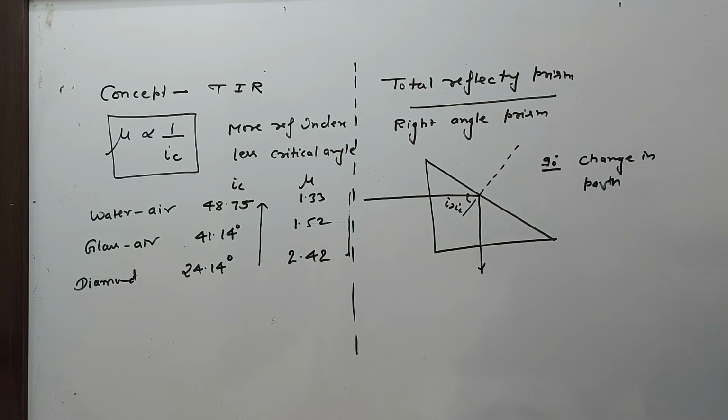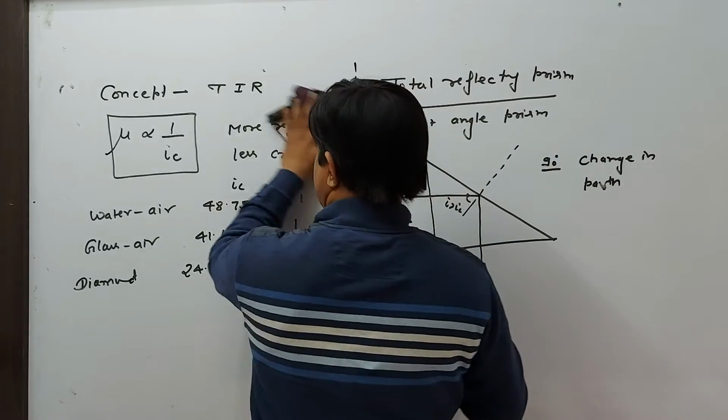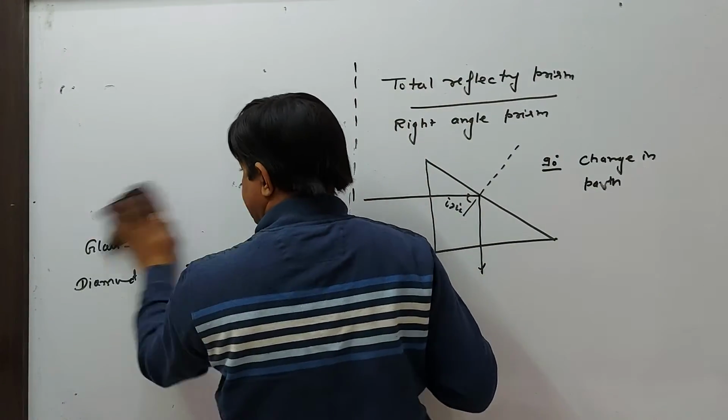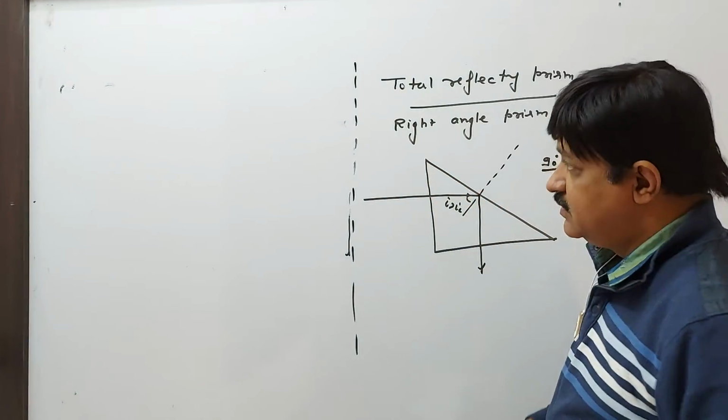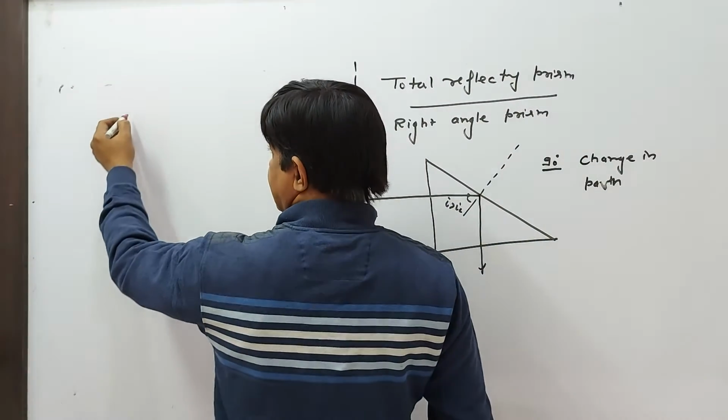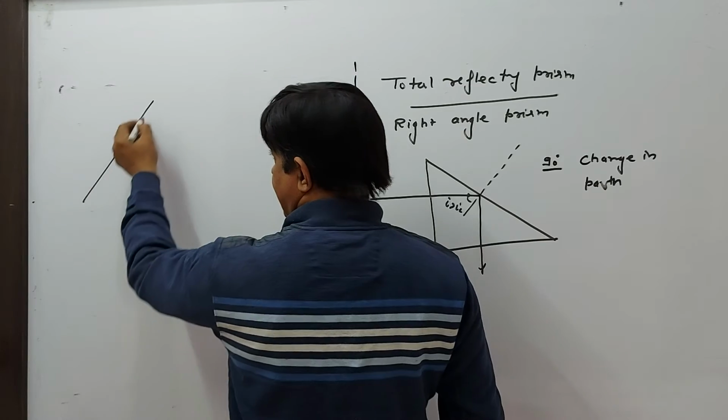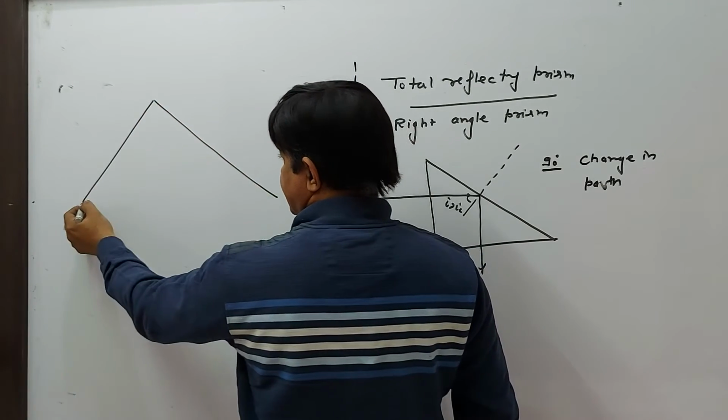We can also use the total reflecting prism to invert images. Two ways are there. Let's see the first one. This is again the right angle prism.